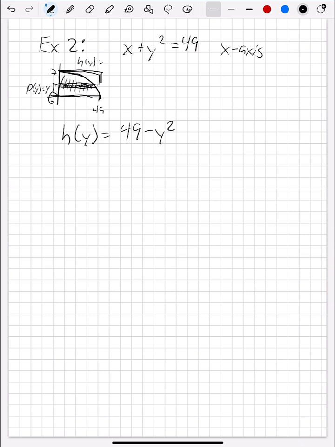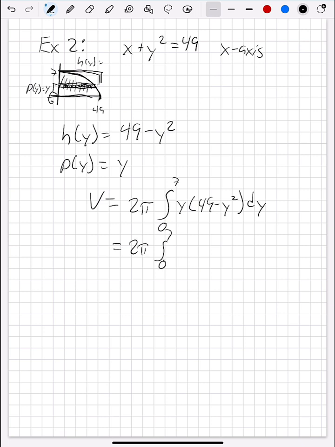Knowing h(y) and p(y), now I just plug into my volume. Remember, I'm looking from c to d now, so I go from 0 up to 7 of y times 49 minus y squared dy, which is 2 pi times, with a little algebra cleanup, 49y minus y cubed dy. Oh, excuse me, I was distributing the y. My apologies there.